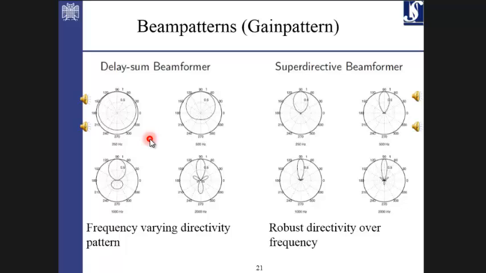You are just listening to the crude signal recorded by the microphone. You have no gain. But for the higher frequencies, you will have a good gain, completely improved. But when we go through the optimization-based beamformers, the SuperDirective beamformer as an example, then you have a good gain for all the frequencies.